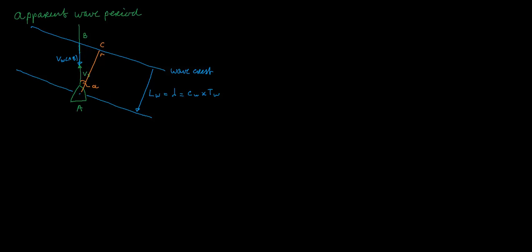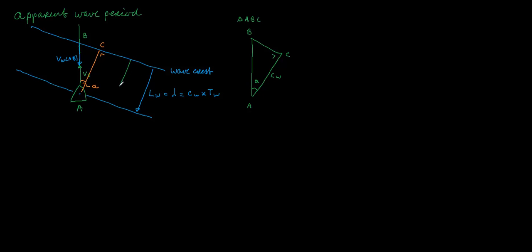Okay, so now we could have a look at the rectangular triangle. So triangle ABC looks something like this, with a straight angle over there. So that would be A, B, and C, and this is the angle alpha. So in the picture we see that here we have the c_w, the speed of the wave.